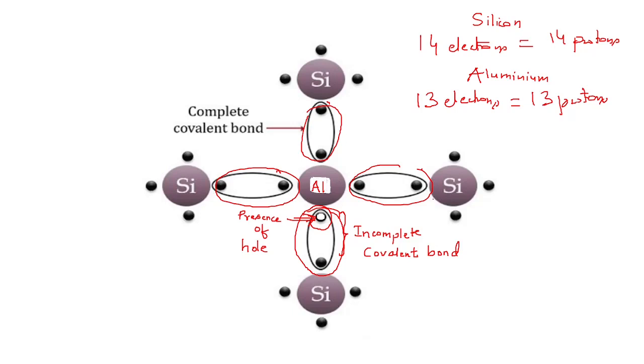Therefore, we say that p-type semiconductor, which is formed by adding a trivalent dopant like aluminum to intrinsic semiconductor like silicon, is electrically neutral because the number of electrons orbiting those particular atoms will be equal to the number of protons in the nucleus. Therefore, as a whole, p-type semiconductor will be electrically neutral.